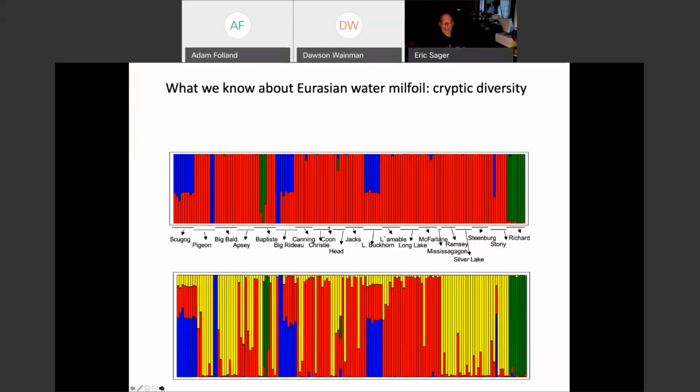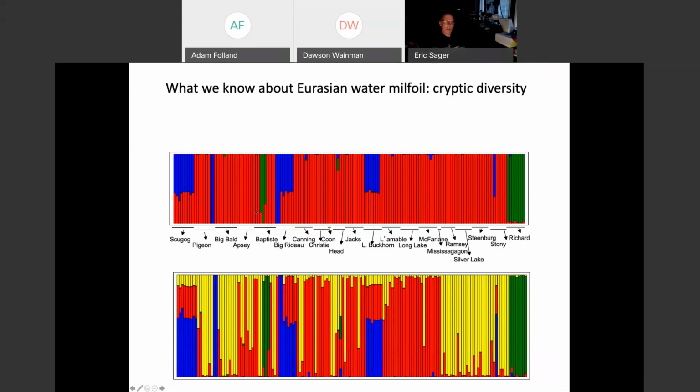And one of the cool things about science these days is our ability to distinguish between all these different types. So it's all Eurasian water milfoil, but we talk about cryptic diversity now, genotypes, ecotypes, strains. The language has evolved. I think now they call them strains, and these distinct genotypes.